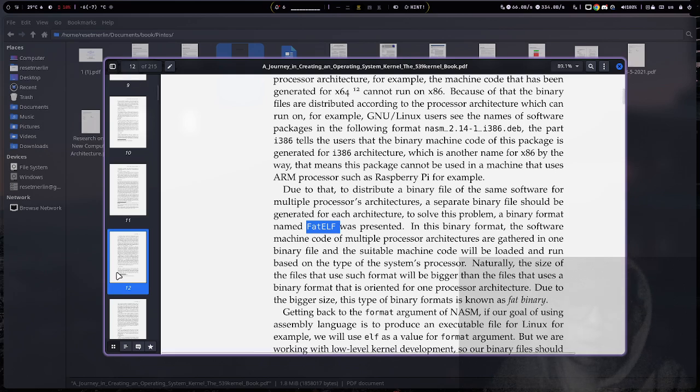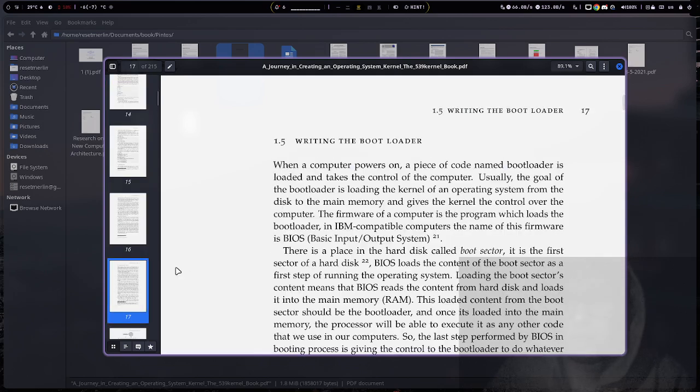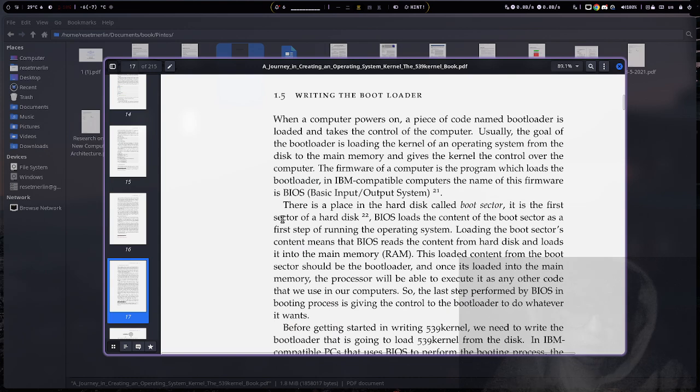The thing I was also curious about while doing this is that it says the goal of the bootloader is loading the kernel of an operating system from the disk to the memory, and it gives the kernel control over the computer.